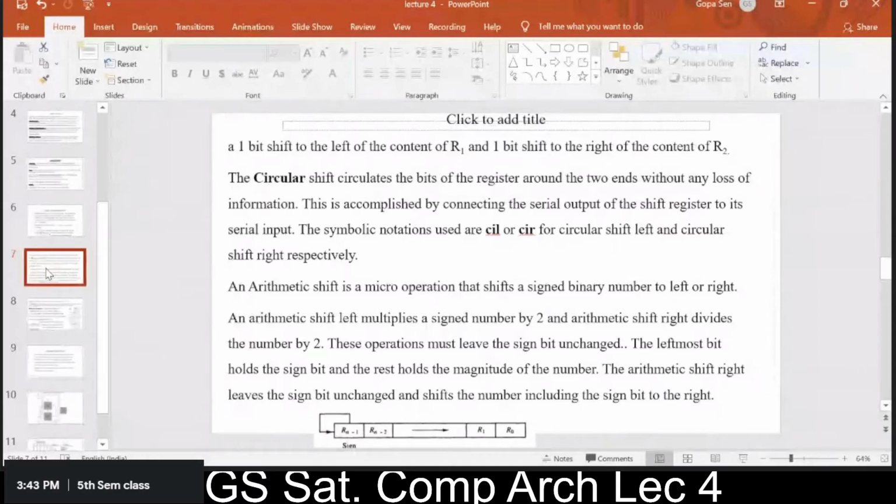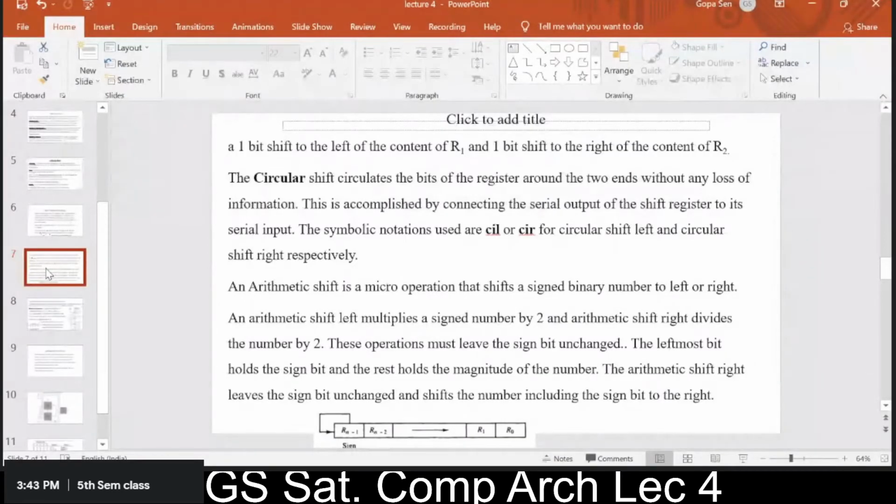This representation of number is known as signed magnitude representation. In the signed magnitude representation, the MSB bit is reserved for the sign bit, and the rest of the n-1 bits are used to represent the magnitude of the number. The sign bit will be 0 if the number is positive, and 1 if the number is negative.